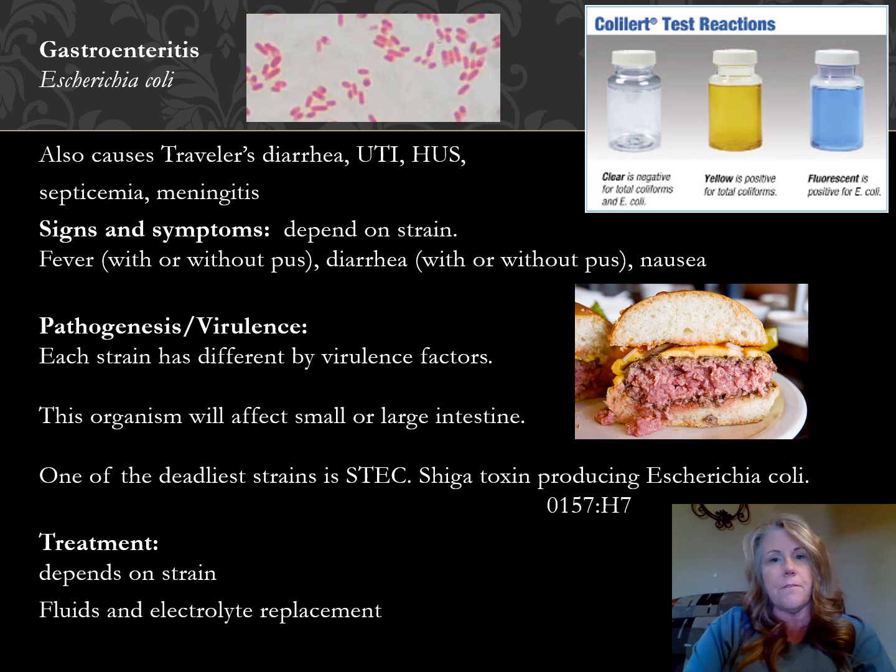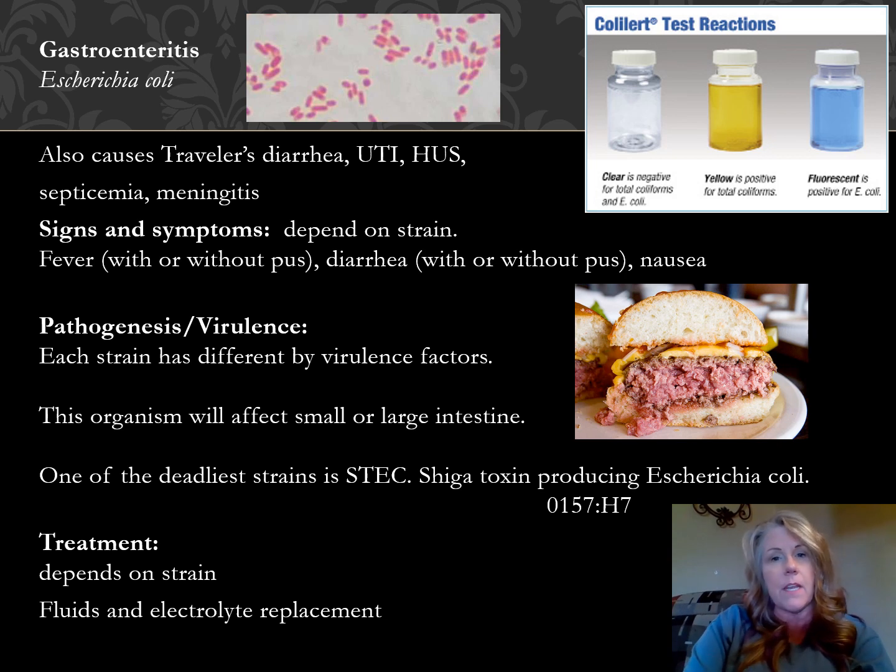Now, if we cook the meat thoroughly, it cooks the bacteria and we do not have a problem. If the meat is not cooked thoroughly, then we have the potential to get sick from that. All right, so in looking at the different strains, that's a way that we can transmit the deadliest form of E. coli.